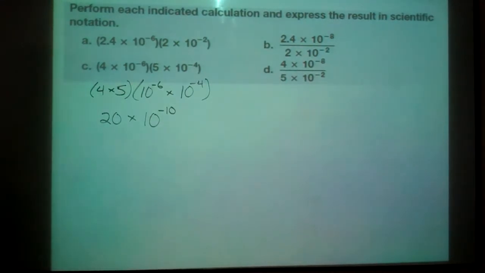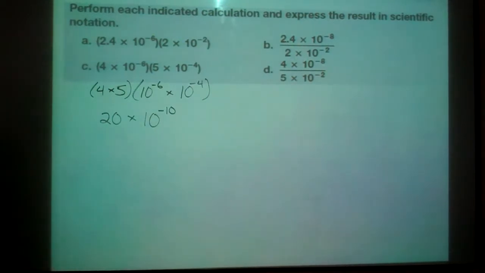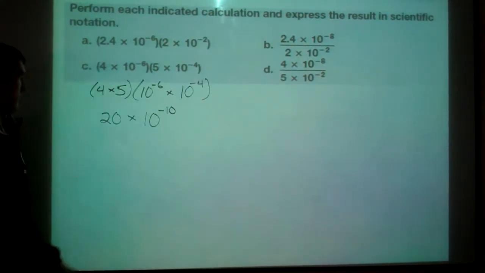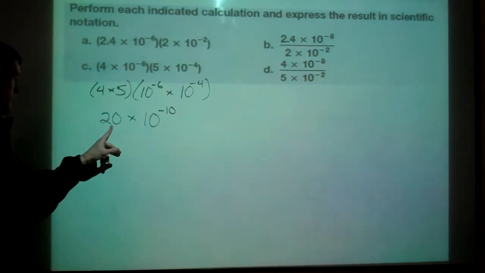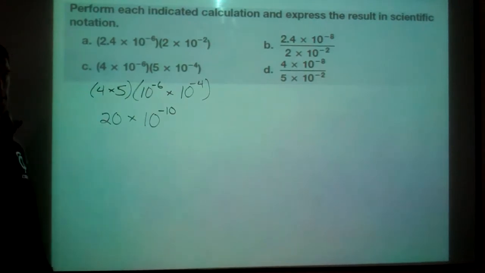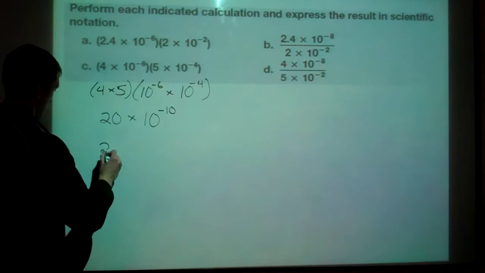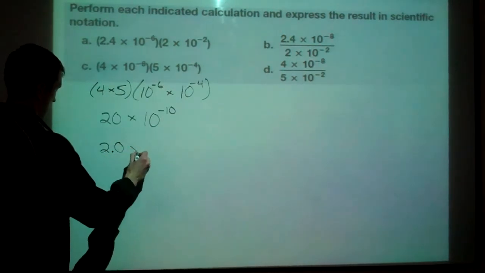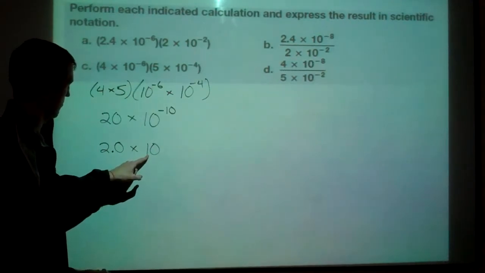So it says we want to perform the calculation and express each result in scientific notation. So are we done? Almost. This one has one extra step. Our decimal is right here. Scientific notation tells us we only want one number to the left of our decimal. So we need to change this to 2.0 times 10, but it's going to change our exponent.